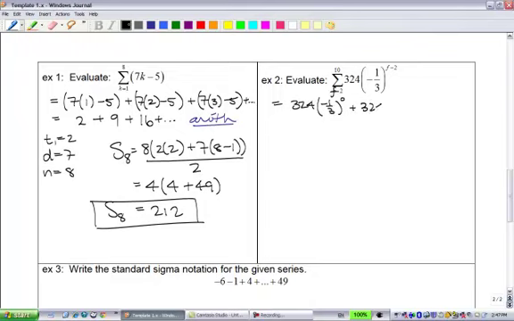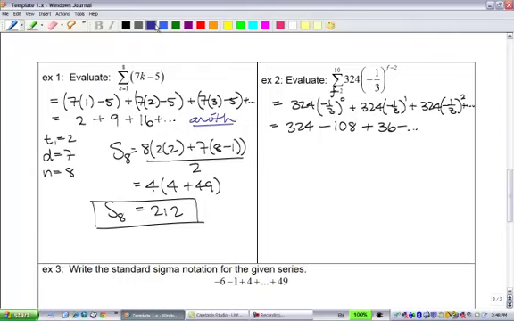Then 324, negative 1, 3 minus 2 would be 1, and it looks like that's incrementing by 1, so negative a third squared, etc. 324, negative 1/3 to the power 0 is just 1, so our first term here is 324. 324 times negative 1/3 is 108, but it's negative. 324 times a positive 1/9 is 36.